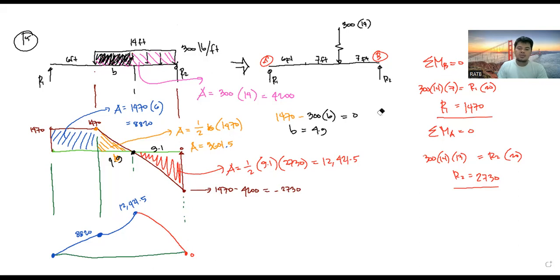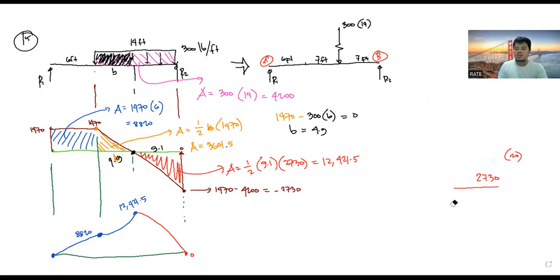So we are now ready to calculate the maximum shearing stress. You have the maximum bending and shearing stress. For the maximum shearing stress, S max is equal to 3V over 2A.